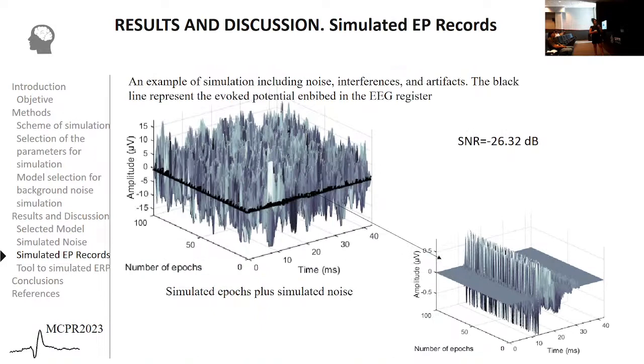An example of simulation including noise, interference, and artifacts we can see in the following figures. For this example, the signal to noise ratio obtained is minus 26.32 decibels, in the order of a realistic scenario.